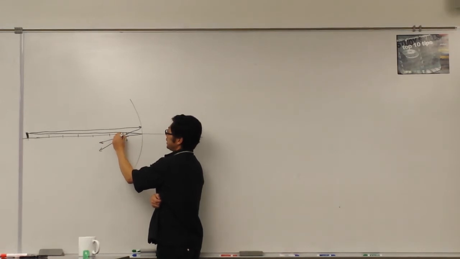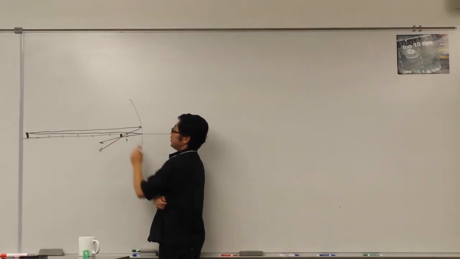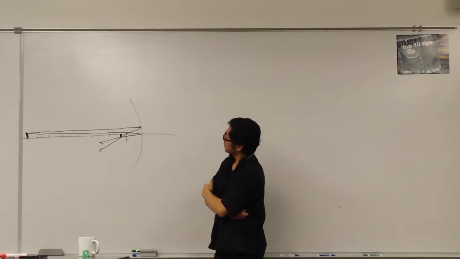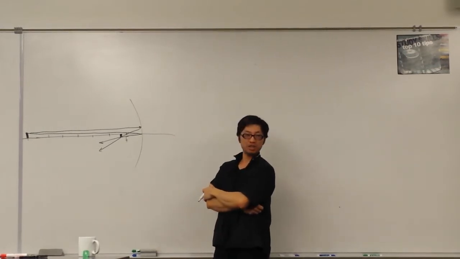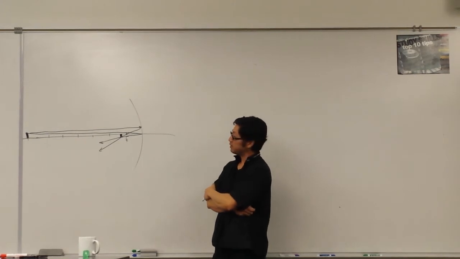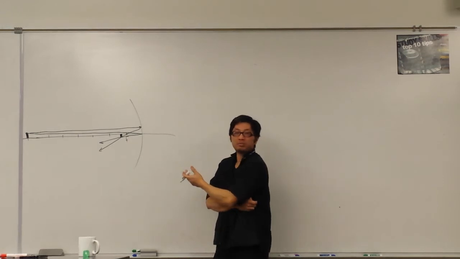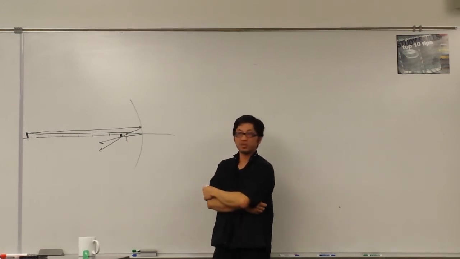So here's my stick. What should I expect? It should be somewhere between 5 and 10 centimeters away, it should be upside down, and it's going to be smaller than the original object. This is why we do these ray diagrams, so we can get a general idea of what we're going to get.